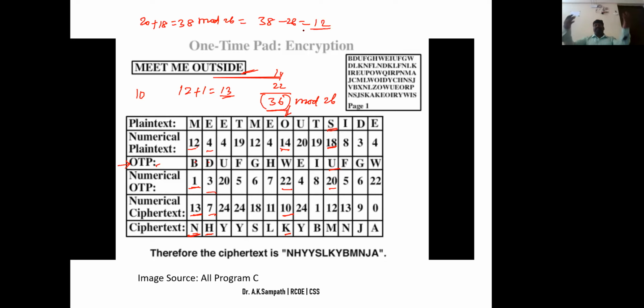So why are we doing all this modulus operation? Because our characters are restricted to only 0 to 25. So we are doing the modulus operation so that we bring it into the range, right? So 12's ciphertext is equal to M.